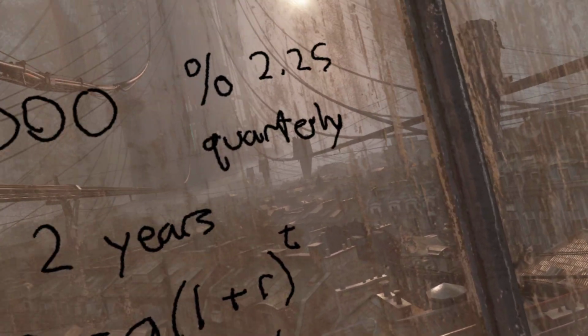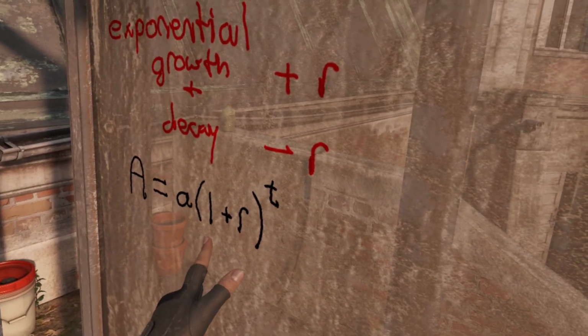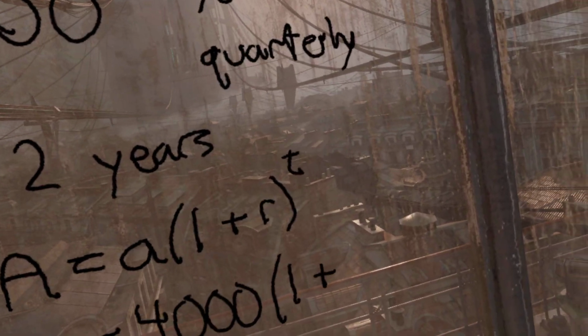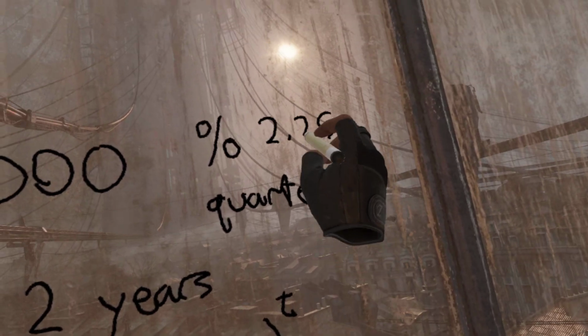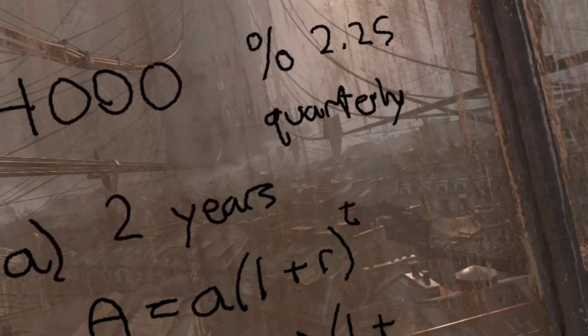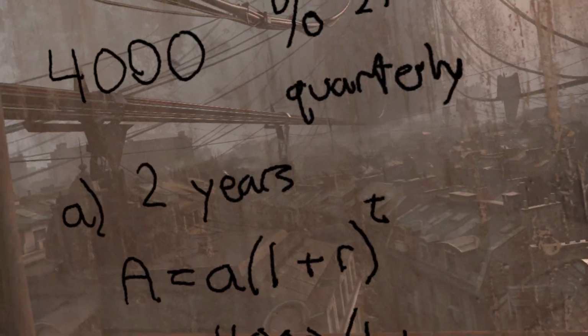So here's our first question that we have to worry about. Remember I told you when we were doing the formula here, you never put rate in as a percentage. You can't put a percentage in a formula. We have to figure out how to write this as a decimal. Some of you should know how to do it in your head, but just in case you don't, let's use this as our scratch pad over here.